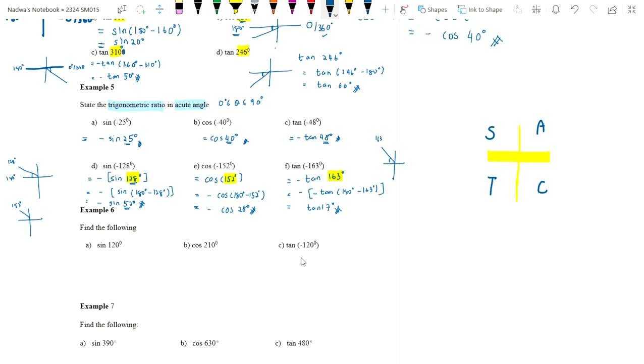So this is very important in order to transform your angle.